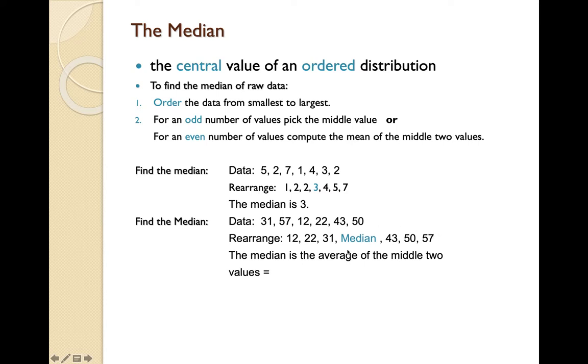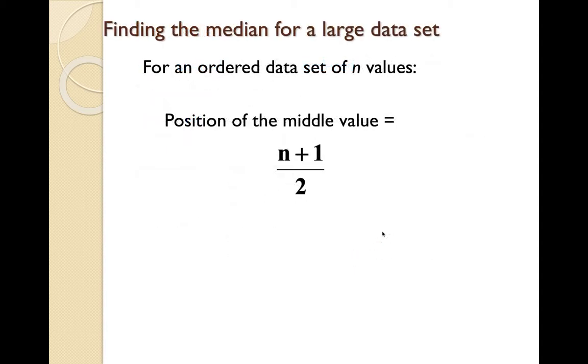If we count in, the median is halfway between 31 and 43, so we take the average or mean of 31 and 43, and we get 37. For a large data set, the position of the middle value is n plus 1 over 2, and that will help you find the median.